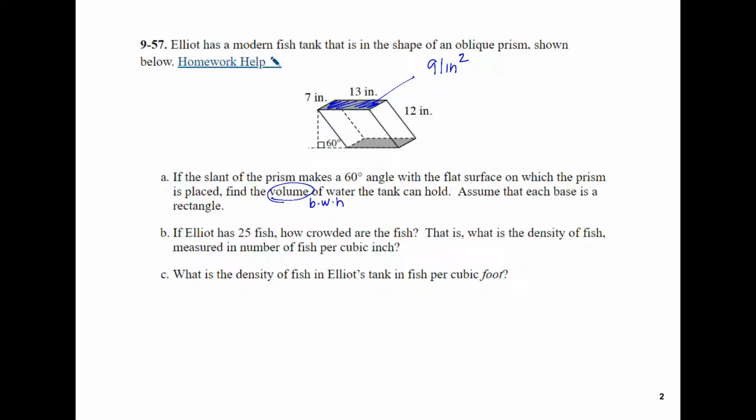But then we need to find the height of our prism. If our slant height is 12 inches, we can find the height of our prism using opposite side over hypotenuse. So opposite over hypotenuse is our sine function.